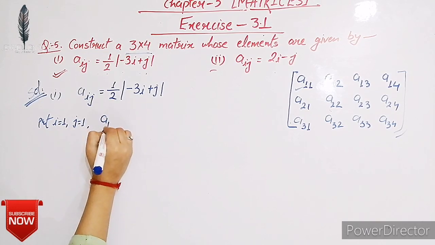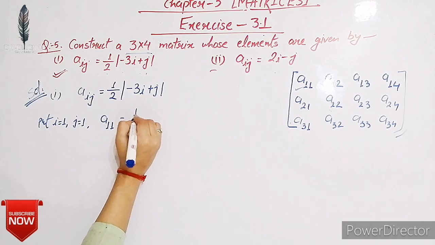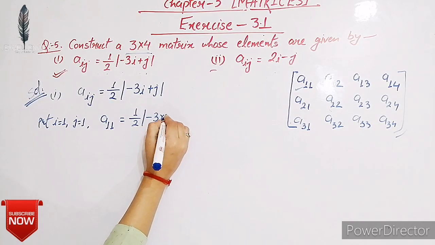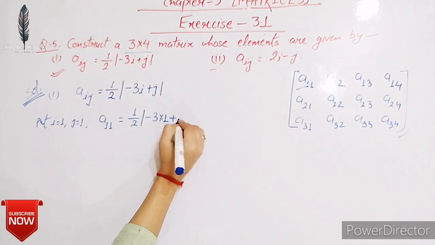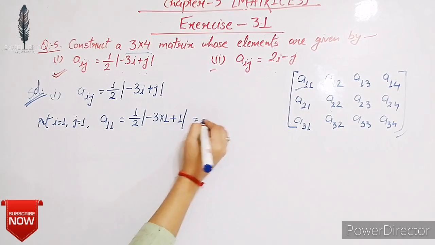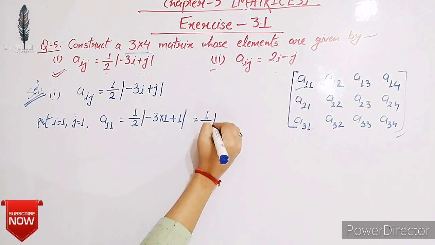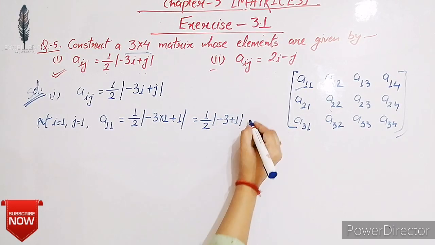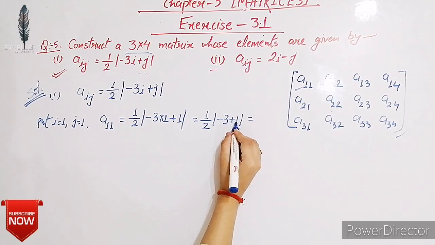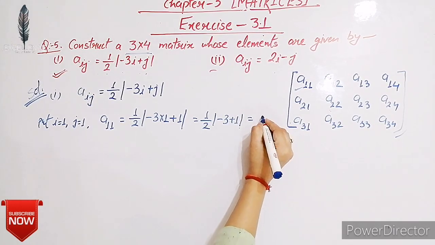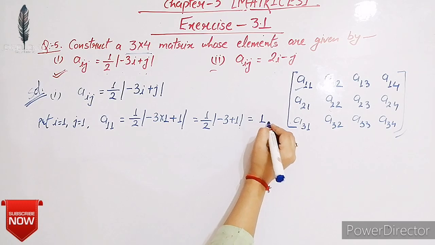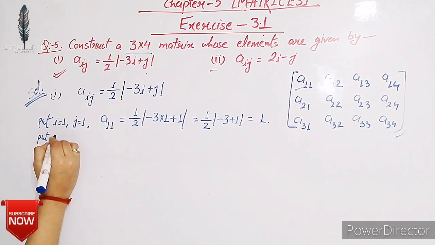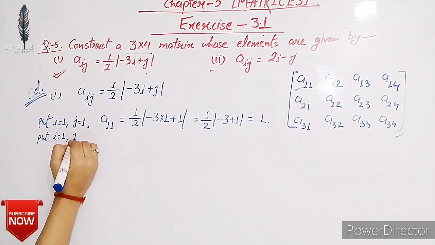So, our first element A11 is equals to 1 upon 2 mod minus 3 into 1 plus 1, okay, is equals to 1 upon 2 in mod minus 3 plus 1, that is equals to minus 3 plus 1 is equals to minus 2, minus 2 by 2 is equals to 1, okay. Because of mod, negative is changed into positive.